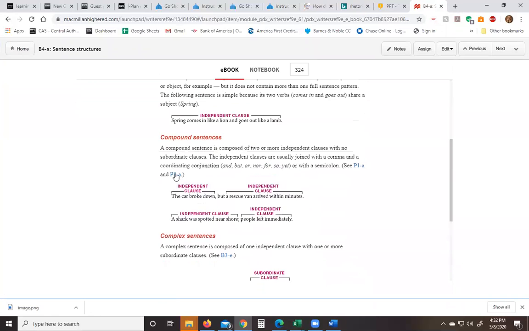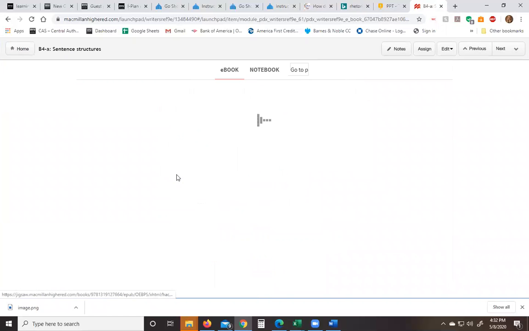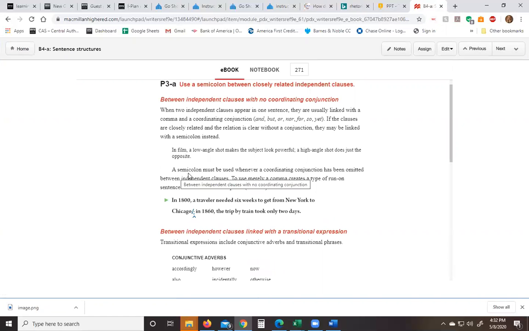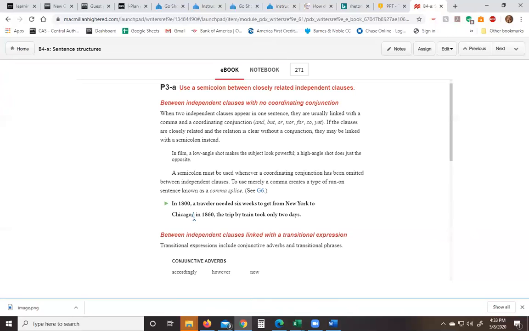Okay, so the second one is P3A. So in the punctuation section on page 271, it says, use a semicolon. That's the one that's like the little dot plus the period, the dot and the comma next to each other. So it's not the colon, but the semicolon.